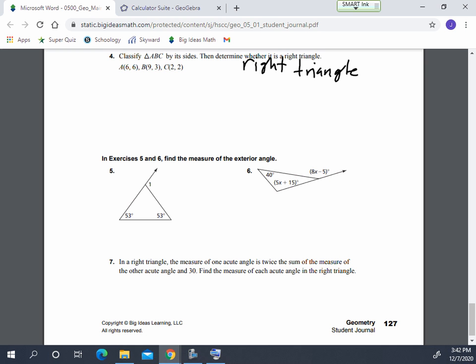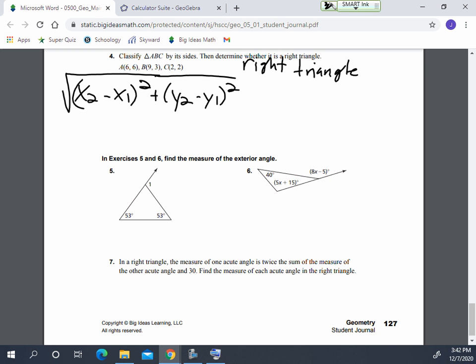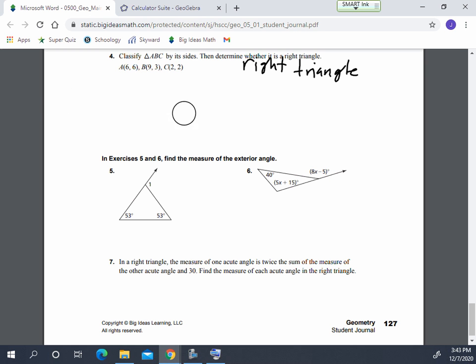We know that we can take any 2 points, we can take the square root of x2 minus x1, square it, and add that to y2 minus y1 and square it. Okay? Let's start with point A and point B. Let's take x2, which, let's start with 9.